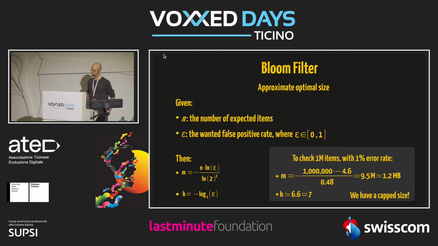Just to make an example in numbers, if we want to have a Bloom filter where we expect to have 1 million different items, with a 1% error rate, so that for every 100 requests of belonging we get only one false positive, and all the other 99 are true positives or true negatives, then m, the size of the bit array, must be 9.5 million, so around 1.2 megabytes in memory, and the number of hash functions is 7.